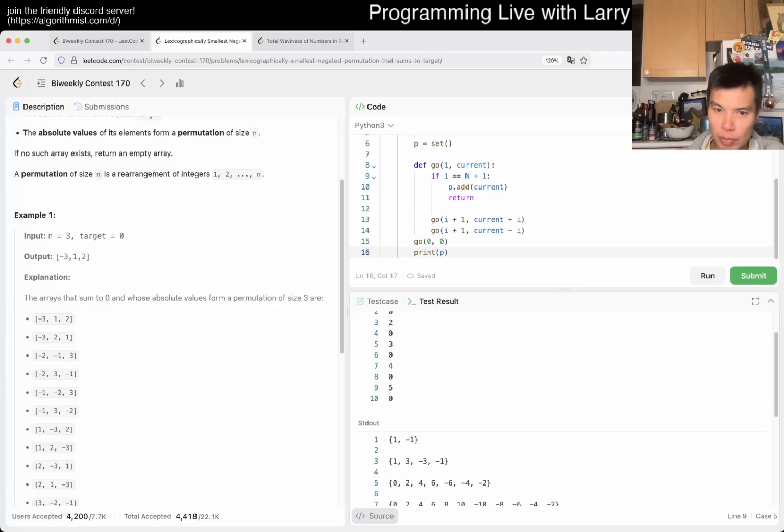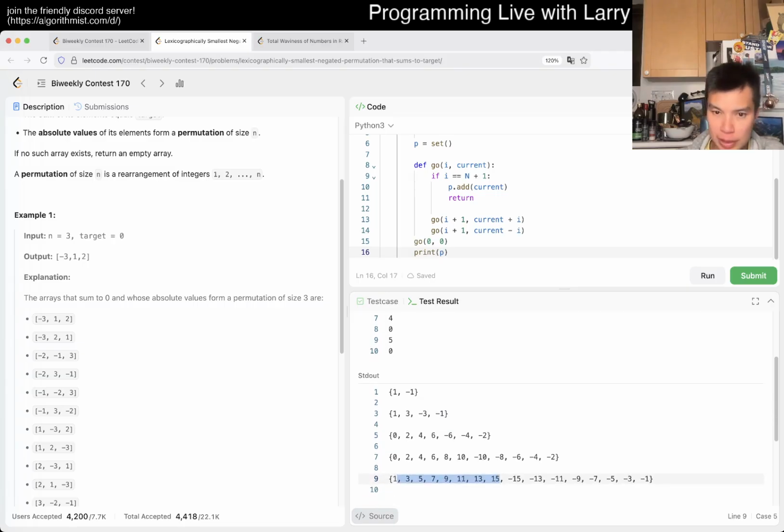Okay, so the total of 1 plus 2 plus 3 is 6, right? And then now you move either 1 on each side, 2 on the other side, 3 on the other side, and so forth.